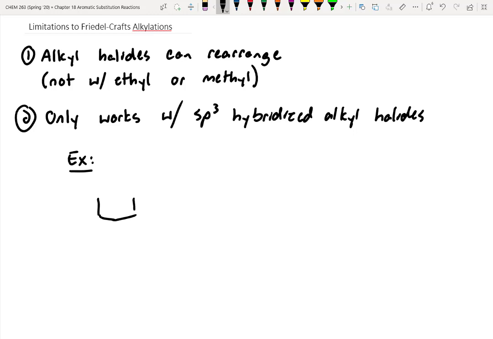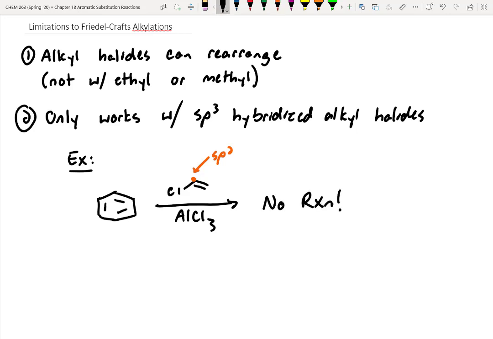So some students will say, well, let's say I want to do this reaction in an attempt to make styrene, right? So some students will say, well, won't this group get installed? Not exactly. The main problem with this is that this is sp2, and because the chlorine is coming off of an sp2 carbon, we are going to get no reaction. This reaction will fail 100% of the time.